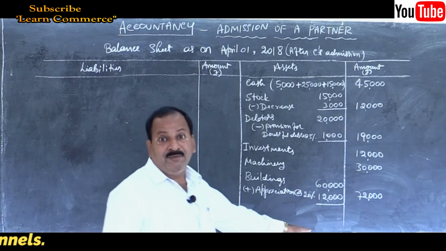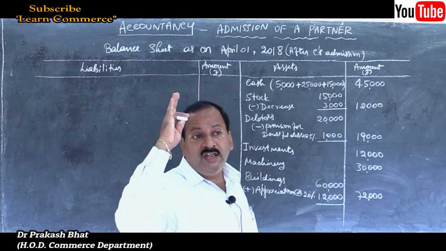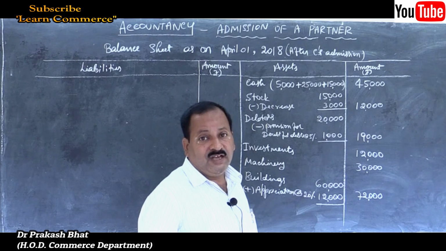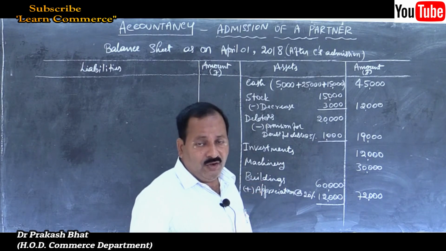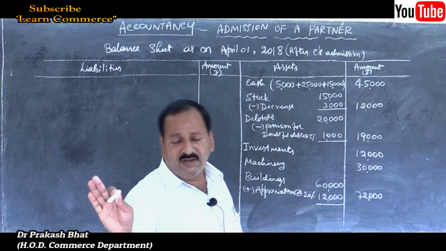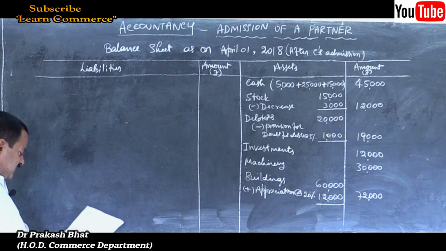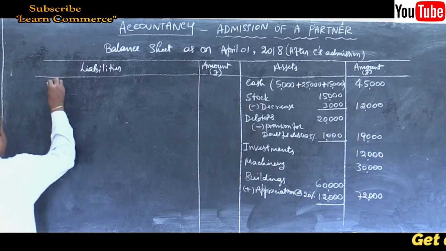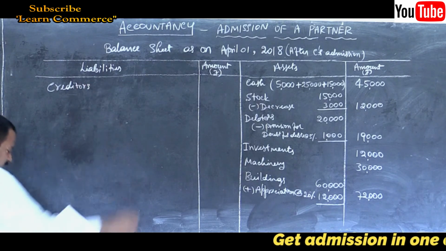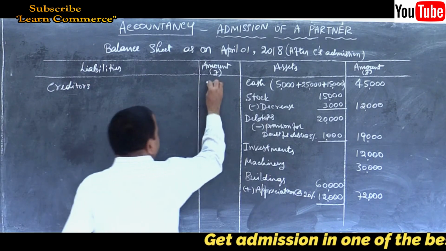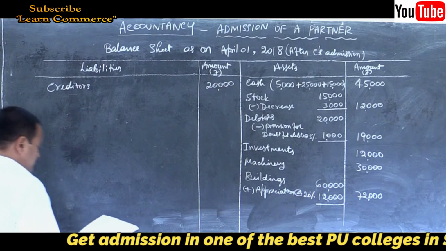Goodwill will not come here. Remember, goodwill will appear only under third method. We are following first method now. First, second, and fourth method, goodwill will not appear in the balance sheet. Remember this much. Very simple. Then move on to liability side. Creditors, no change as it is. Creditors, how much? 20,000. Then bills payable, 10,000.